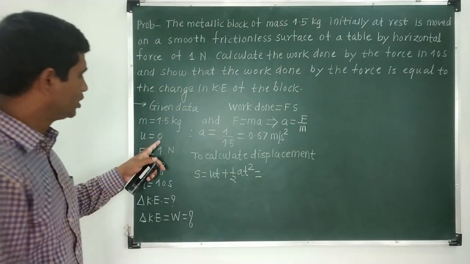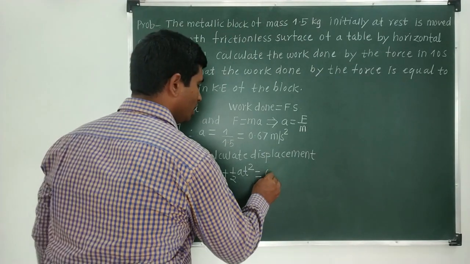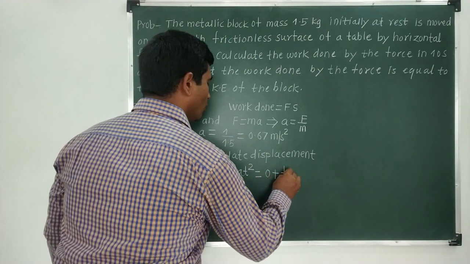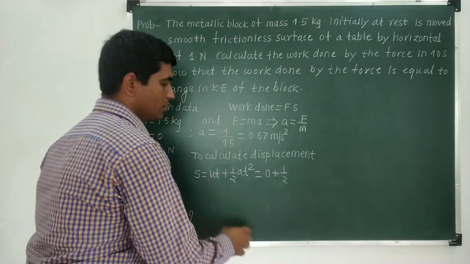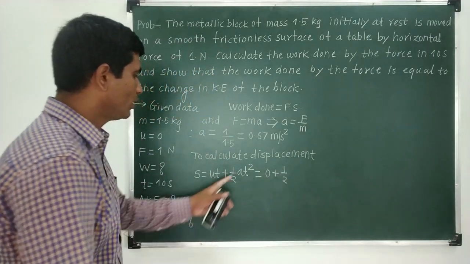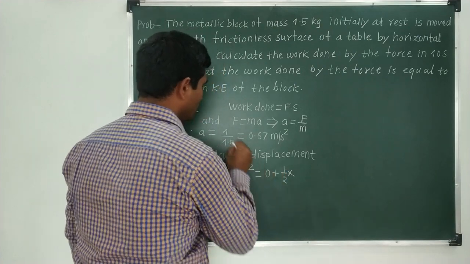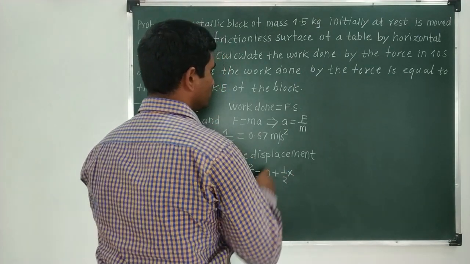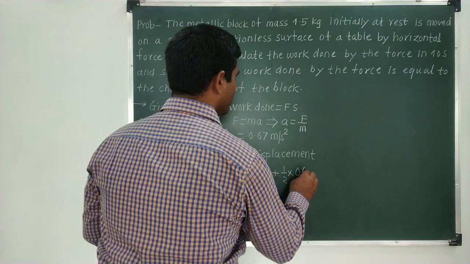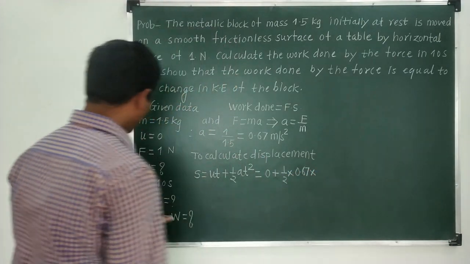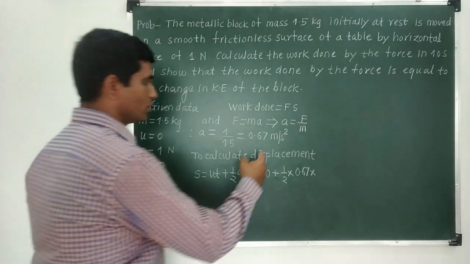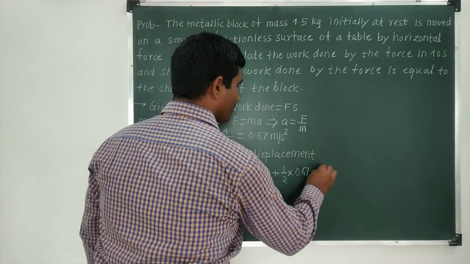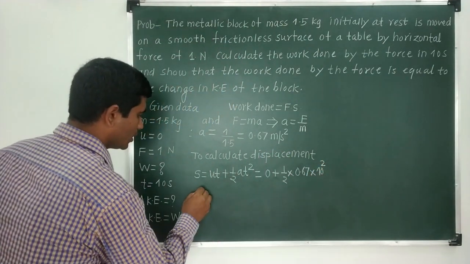All of us know that u is equal to 0, so u into t will be 0, plus 1/2 into a. The value of a is 1 upon 1.5, which is 0.67. So it is 0.67 into time, which is 10 seconds, so 10 square.